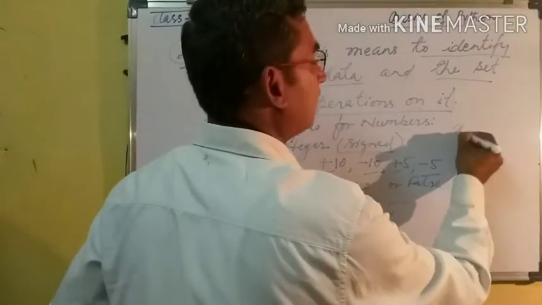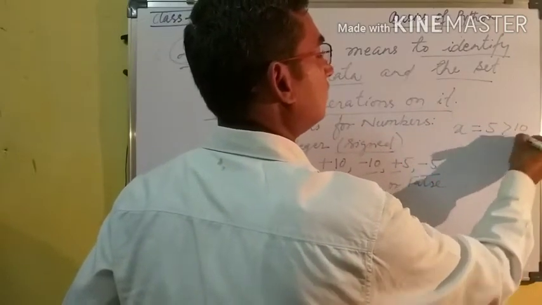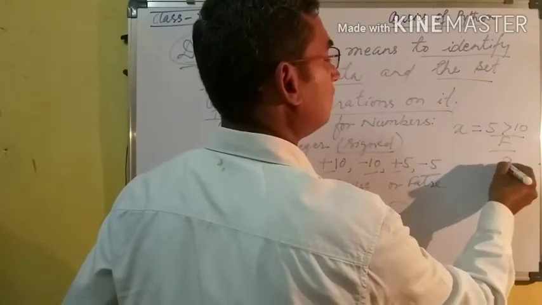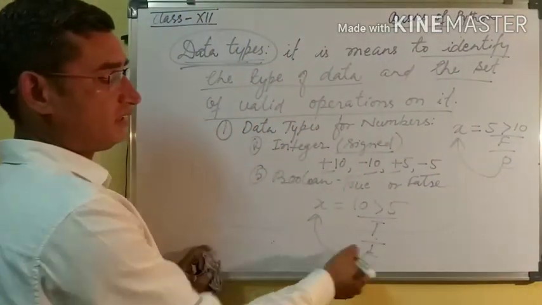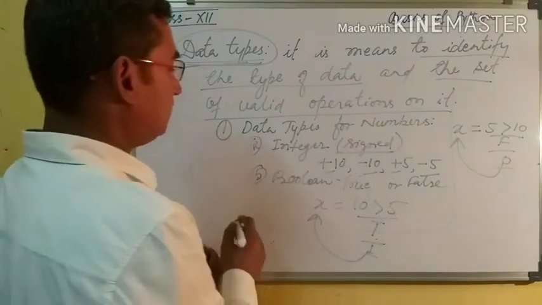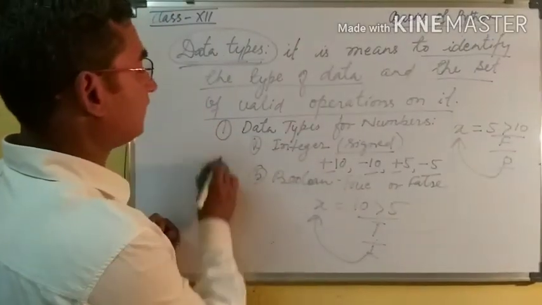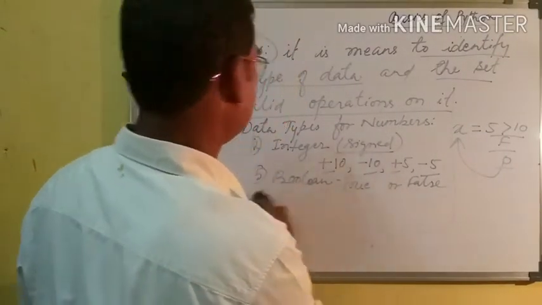If there is x equal to 5 greater than 10, this is false. False means 0, then 0 will be assigned to it. Means 0 and 1 are of type integer, and this value will be assigned to this x here. This is all about integer data types.